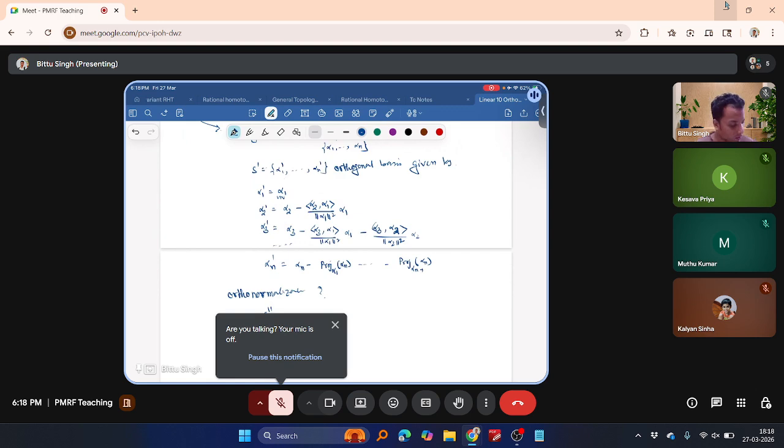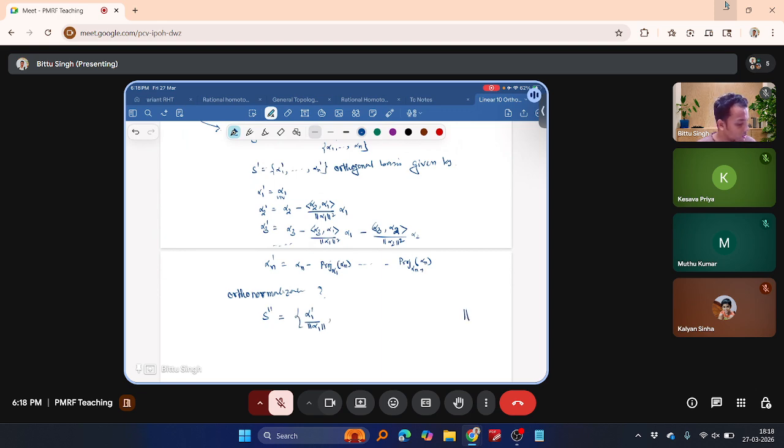We'll divide those alpha 1 dash by their norms, right? Then you can see that if you take the norm of this vector, alpha 1 dash by norm alpha 1 dash, then if you multiply with some scalar, the formula is to take the modulus of that scalar.